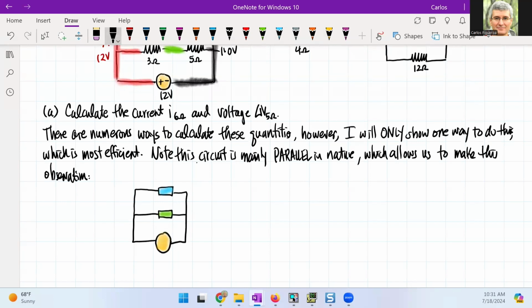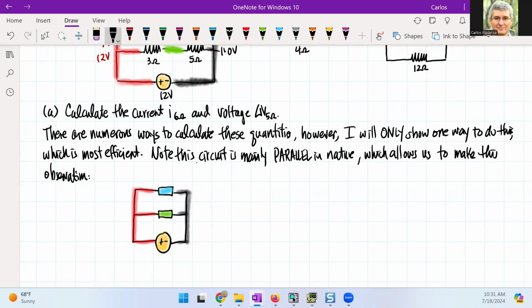Now, the fact that I said that this was more parallel than series is because of this fact. If I take those two resistors and I block them out as I just did here, then you can clearly see that there are two nodes only.